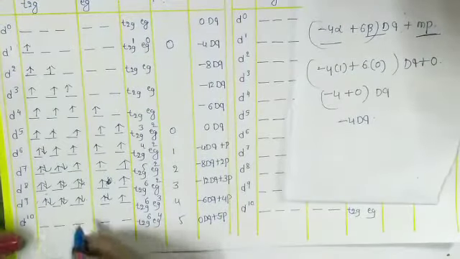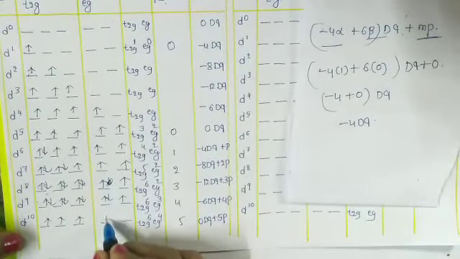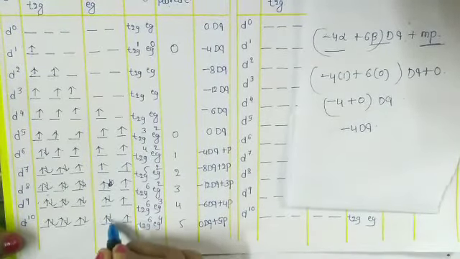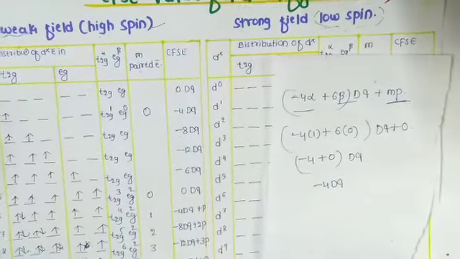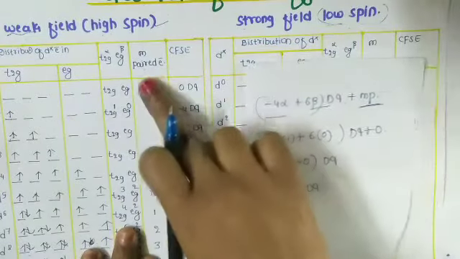Next one, d10, 1 2 3 4 5 6 7 8 9 10. Similarly by using the CFSE formula you can calculate all these values.